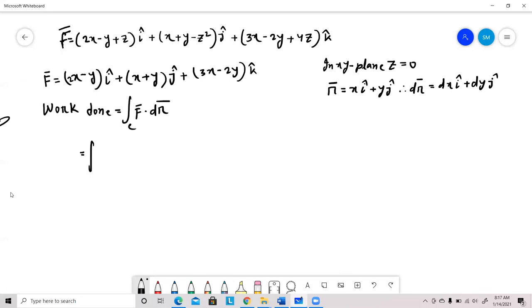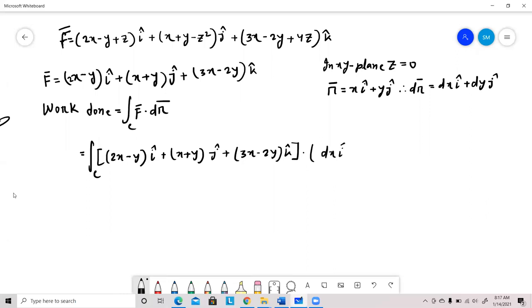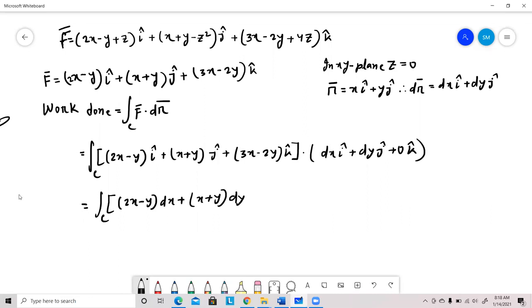Now if we substitute this, F dot dr, where F is (2x minus y) i plus (x plus y) j plus (3x minus 2y) k, and dr is dx i plus dy j, which we can write with 0 times k. After the dot product we get (2x minus y) dx plus (x plus y) dy plus 0.